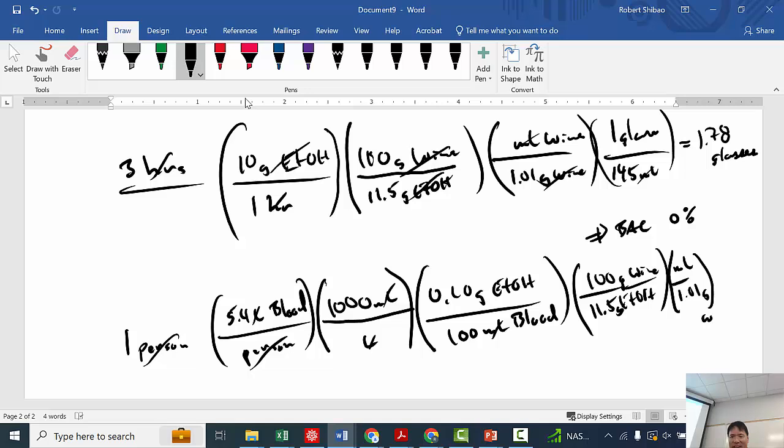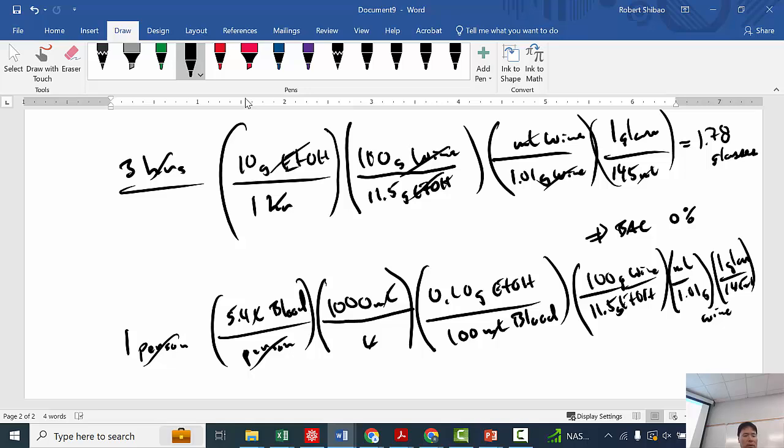I'll just write wine here because I'm running out of space. And then 1 glass is 145 milliliters. So after 1.78 glasses in 3 hours, this is how much extra you can drink right at the end before driving and still be legal. Actually, you want to be under this.